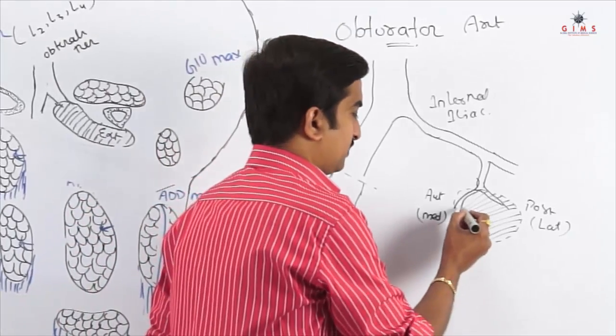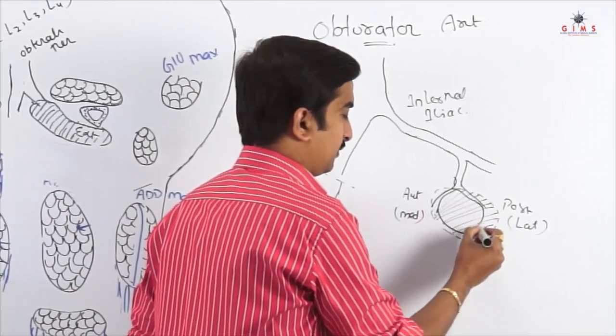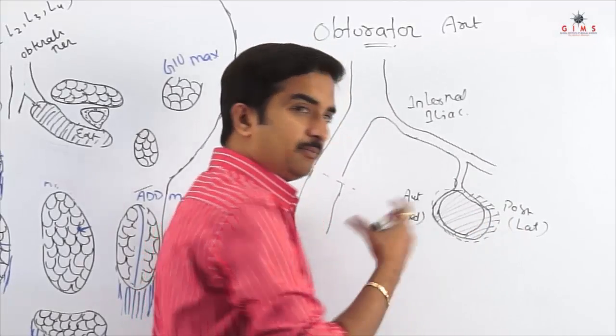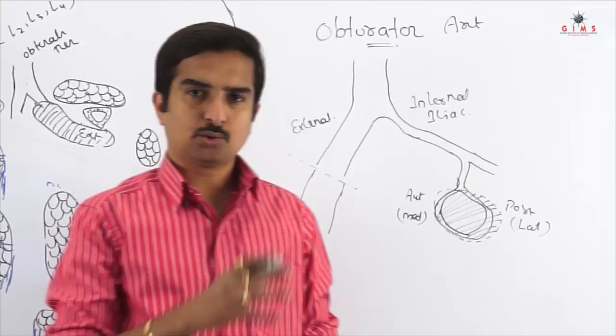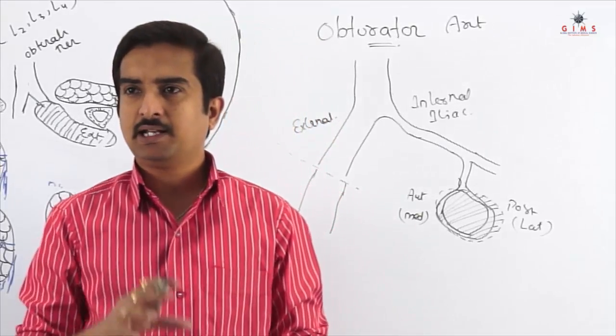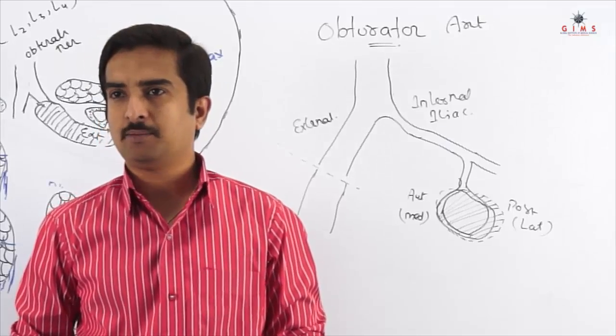The anterior and posterior divisions mainly encircle the obturator foramen, that is, the obturator membrane.